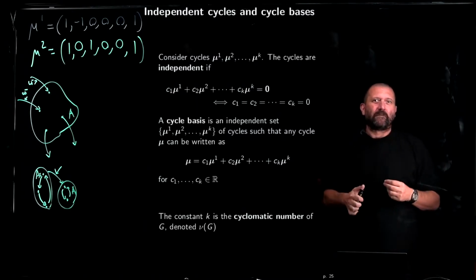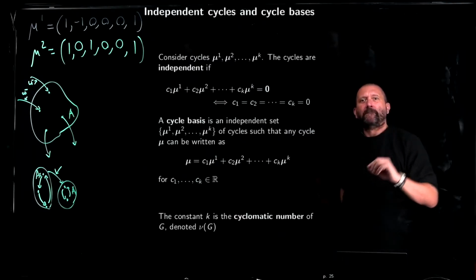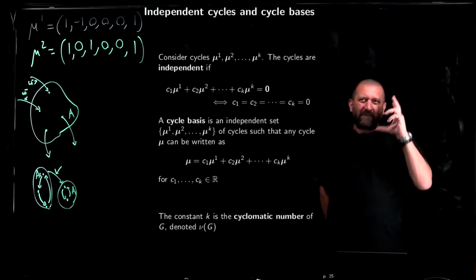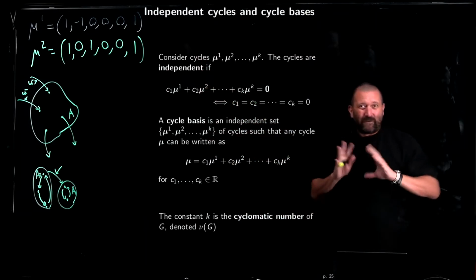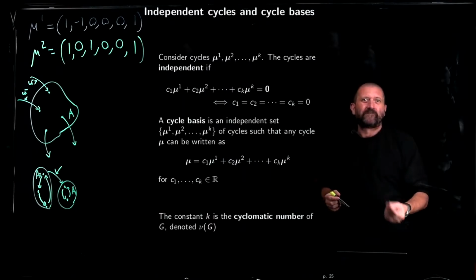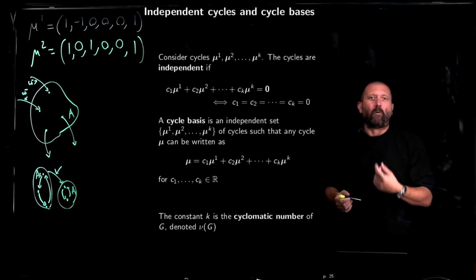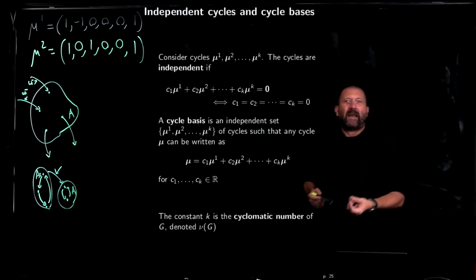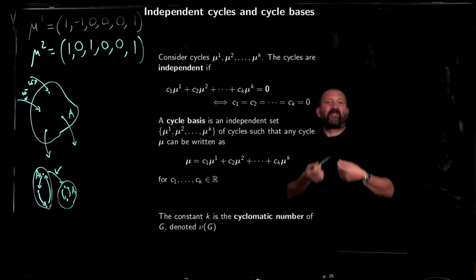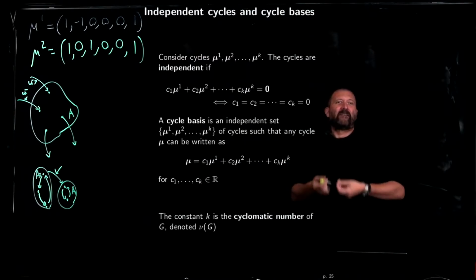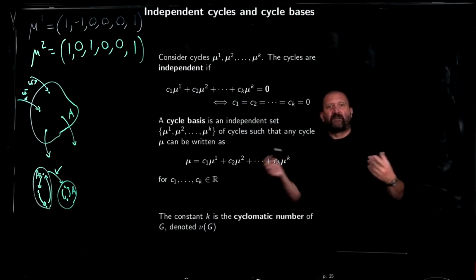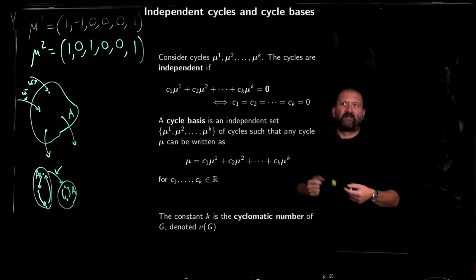These cycles are independent if the only way to get a linear combination of those cycles, and really think of them as those vectors, okay? The only way to get a linear combination of the cycles to be 0 is for the coefficients to all be 0. And then a cycle basis is going to be an independent set of cycles that is going to allow me to write any cycle as a linear combination of the cycles in the basis.